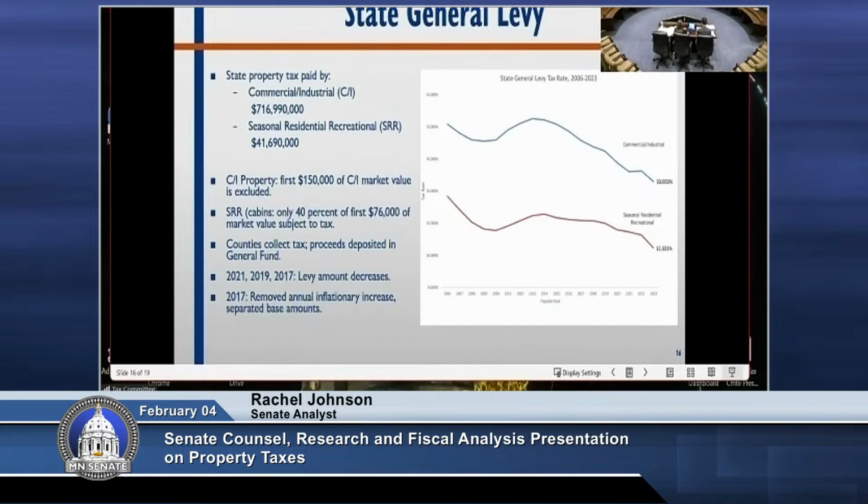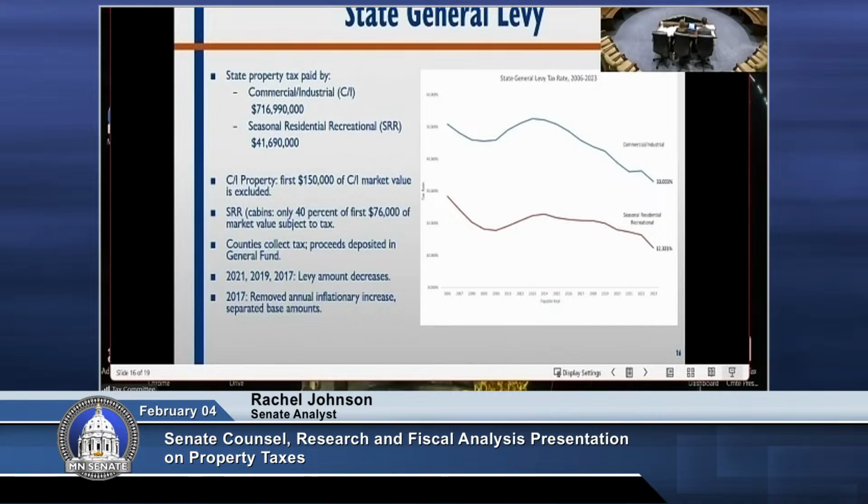When the levy was first enacted, there were annual inflationary increases each year. In 2017, the legislature removed the annual inflationary increase and decreased the levy amount. The legislature again decreased the levy amount in 2019 and 2021.